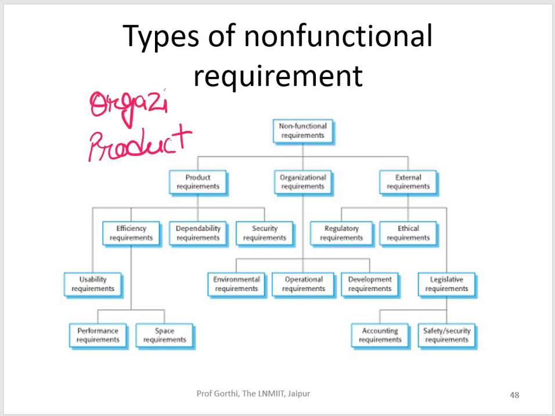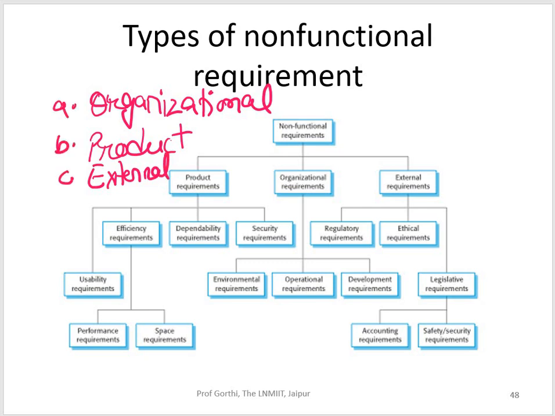So these non-functional requirements are broadly classified into product, organizational, and external requirements. Let me write it for you. So it is your product and your organizational and your external requirements.